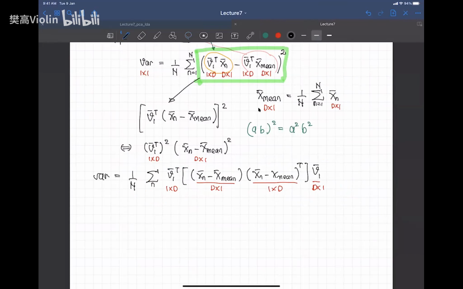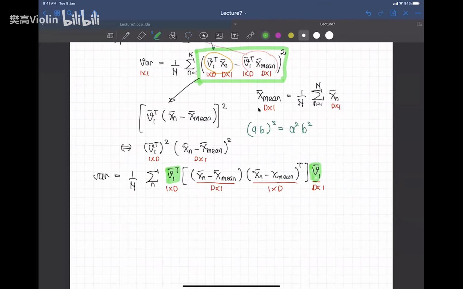If you look at this equation, the last equation, these two variables are independent from n.